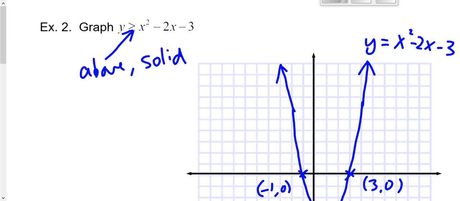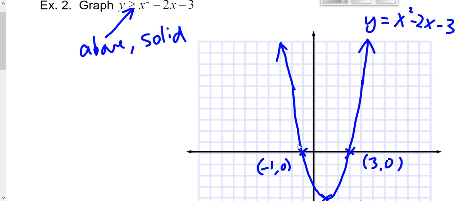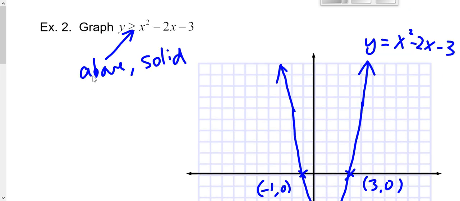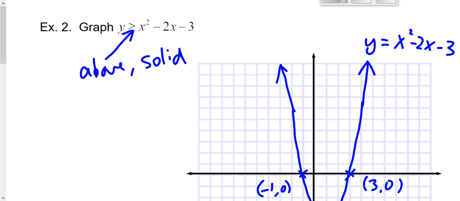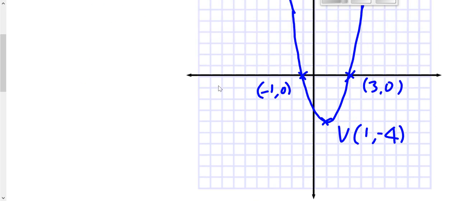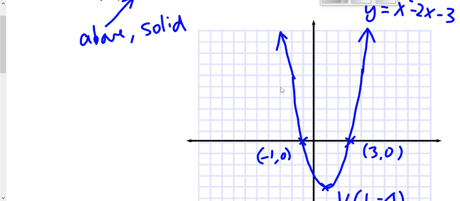So this time we don't have to erase part of that to make a dotted graph. So let's shade the region. It is above, so anything here is below. Look at this, below, below. Here it's above, this is above, so you are going to shade this region all the way to infinity.